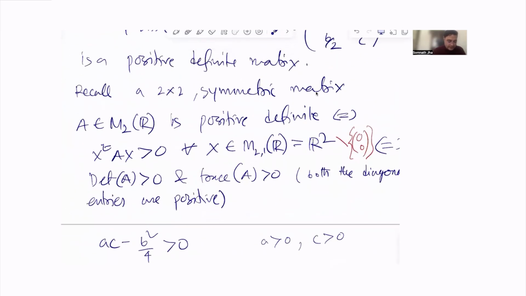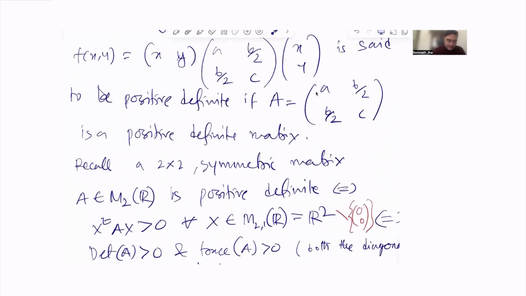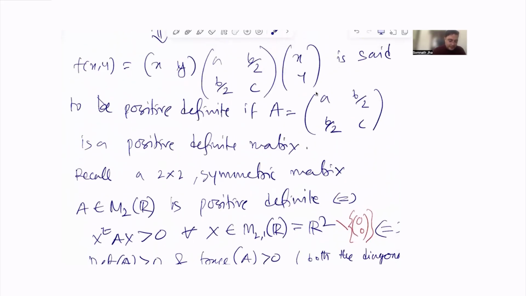A binary quadratic form can be written as xᵀAx, where A is the symmetric matrix with entries a, b/2, b/2, c, and x = (x, y) is a column vector.